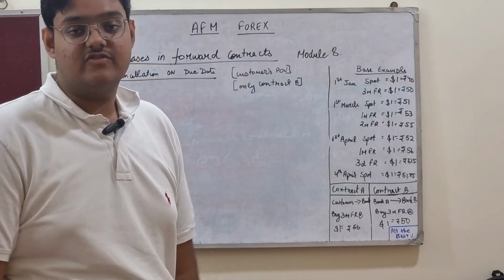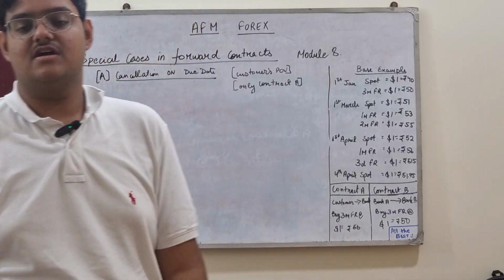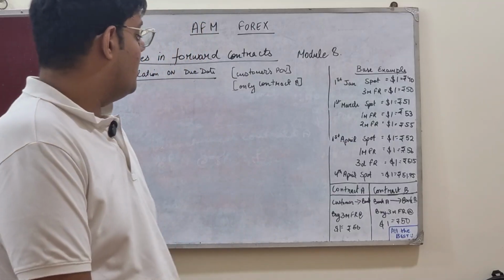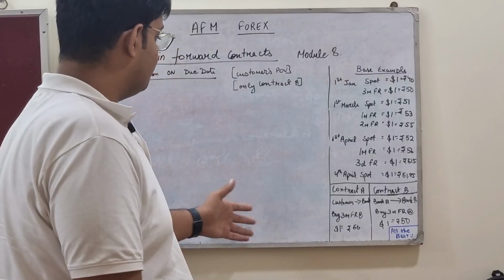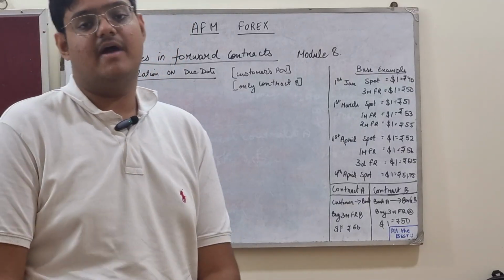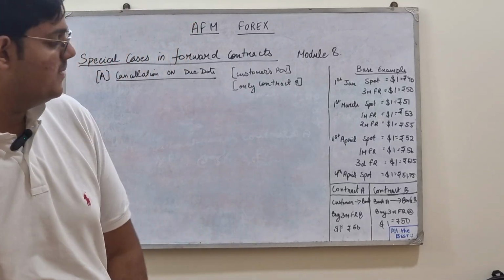There are two contracts. The first contract is between the customer and the bank. Basically, the customer wants to buy $1 at 50 rupees. The 3-month forward rate is 50 rupees. The customer enters into a contract with bank A to buy $1 after 3 months at 50 rupees.